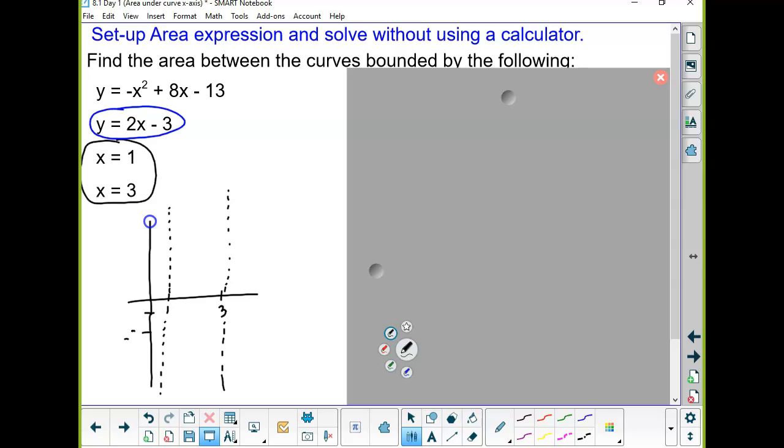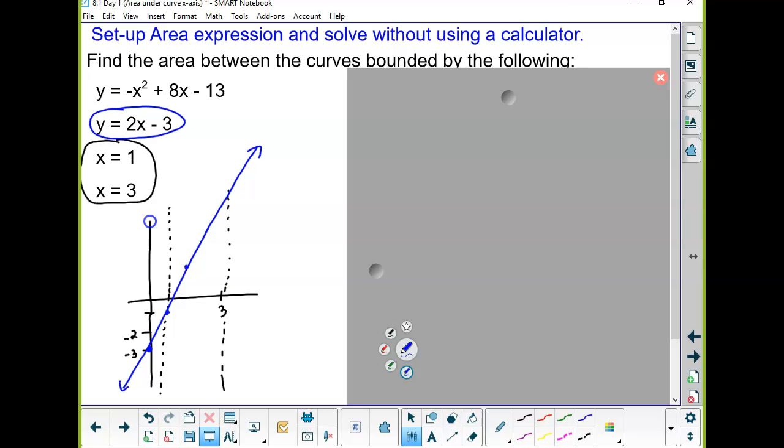So 1, 2. Again, this doesn't have to be perfect. So I got y-intercept at -3, and its slope is +2. So I'm going to put it down here. I'll go up 2 over 1, up 2 over 1 roughly, up 2 over 1. I'm just going to draw a rather poor sketch.